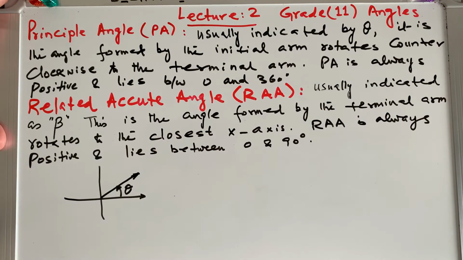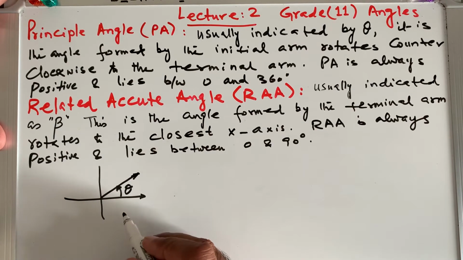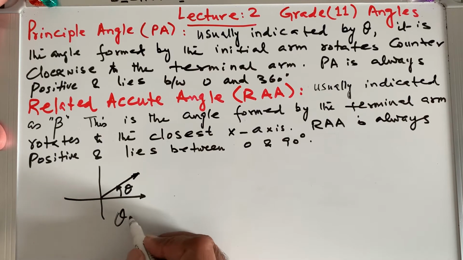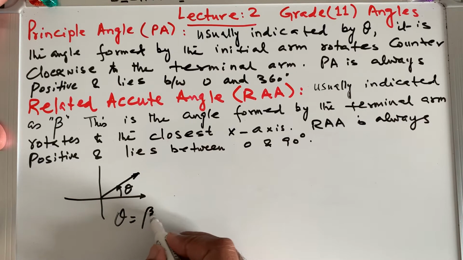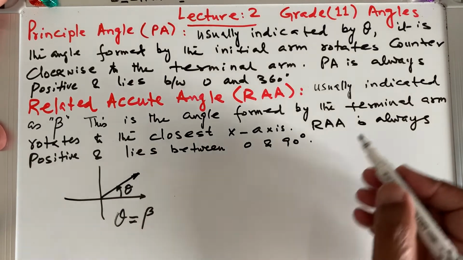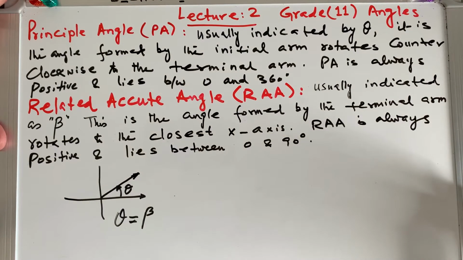So here in this case theta is equal to beta, because by definition beta is the angle formed by the terminal arm rotating to the closest x-axis. RAA is always positive, lying between 0 and 90.